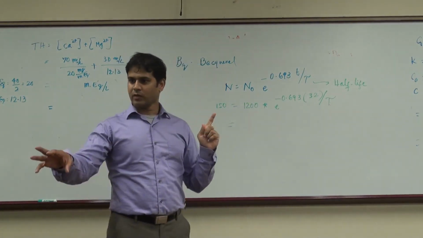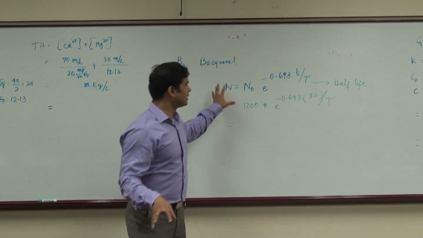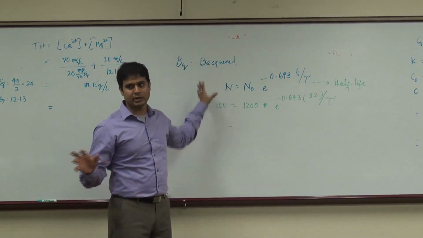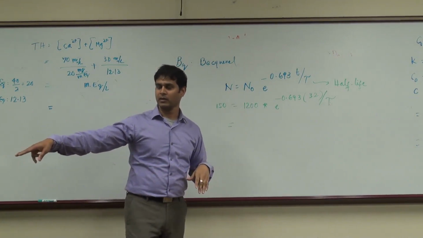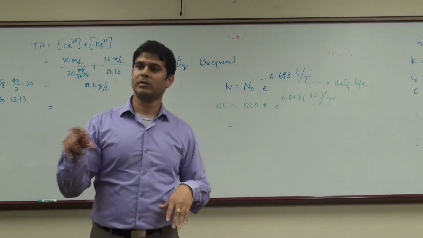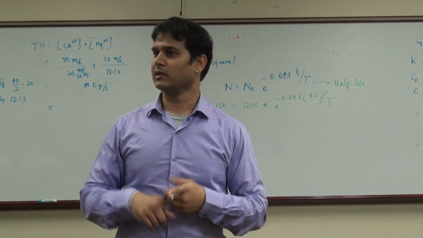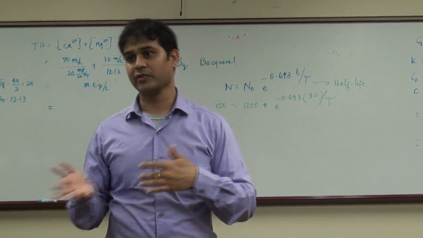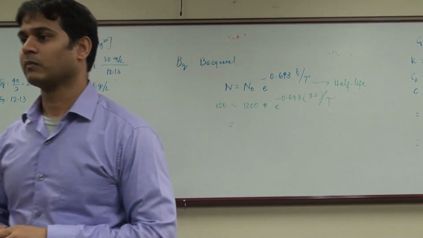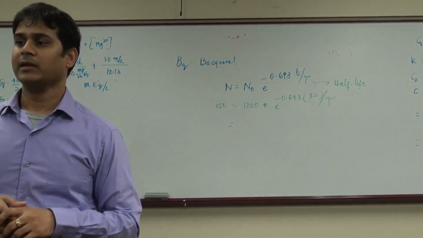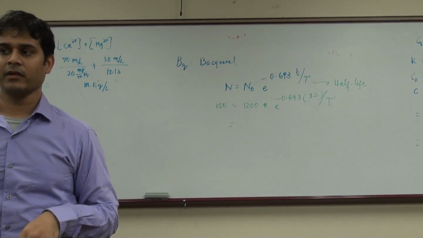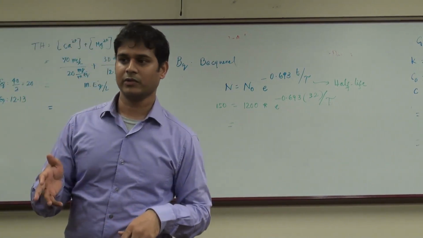Did you follow what I'm trying to say? In this case, it happened to be first order too. It's not necessary, but this formula is given to you in the book. When you're reading the problem statement, you want to clearly see if it's saying second order, zero order, or first order. We did not assume first order.